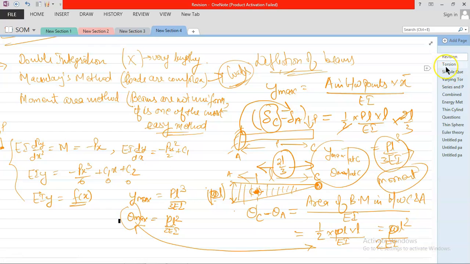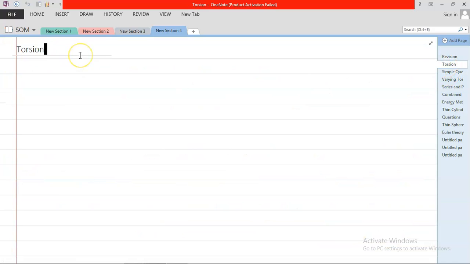So now we are going with torsion. Am I visible? My screen is visible. I have written torsion on the screen. Okay. So suppose in bending, this is a rod. Let me draw it in 3D. Suppose this is a rod.